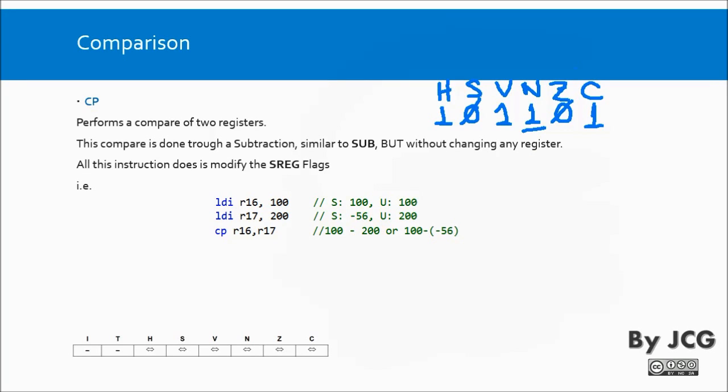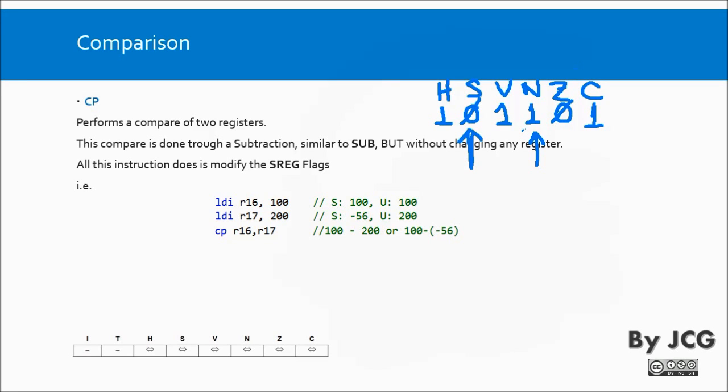After executing this instruction, those flags are going to be in the status register. If we consider these numbers to be without sign, then we need to read this flag, because 100 minus 200 is actually negative. However, if we consider these numbers to be with sign, then we have to read this flag.